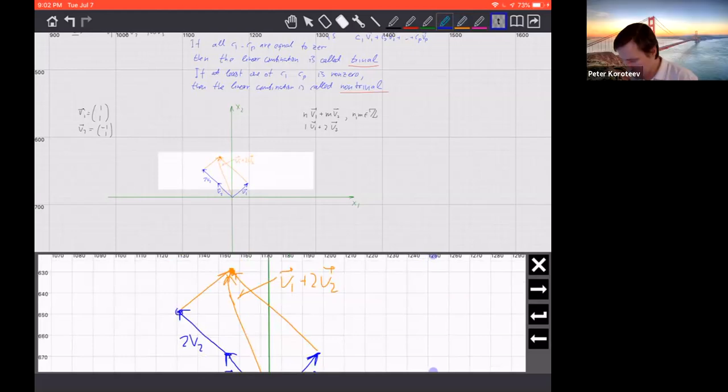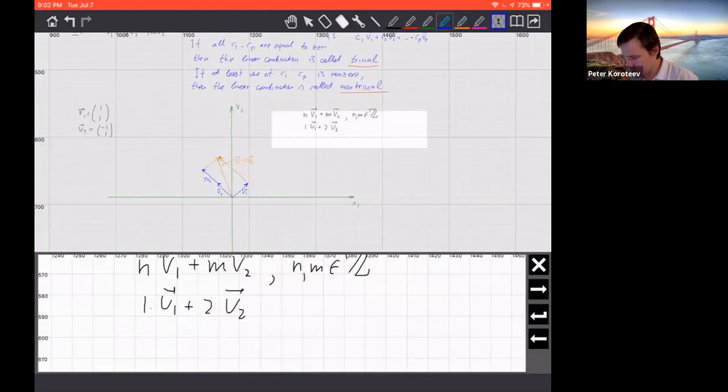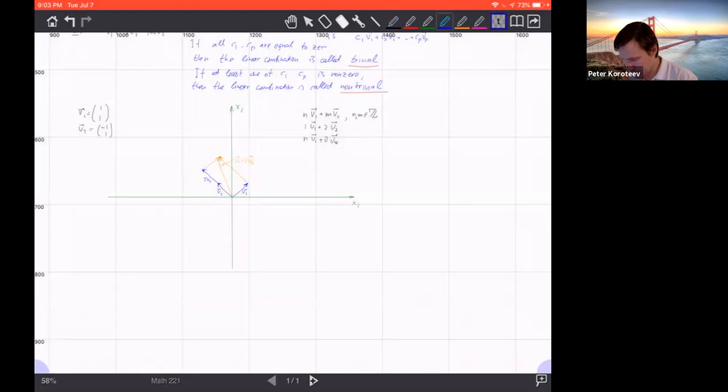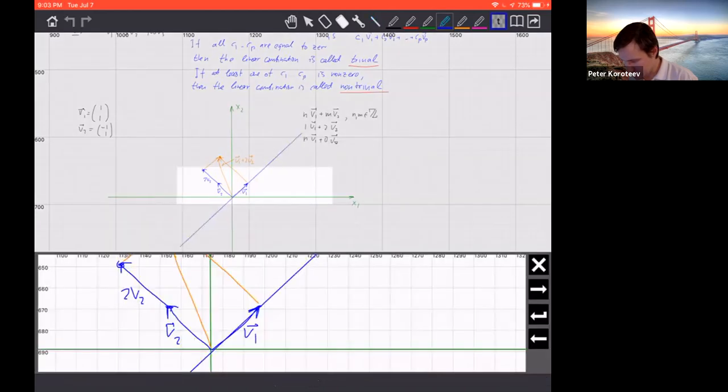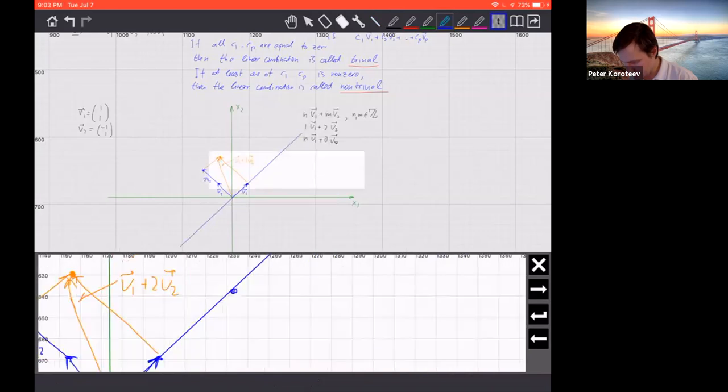Now, one of the coefficients can be 0. For example, we can have vectors like n times v1 plus 0 times v2. And in this case, we can draw a line which contains v1, right? And then on this line, we'll have equidistant points like this.